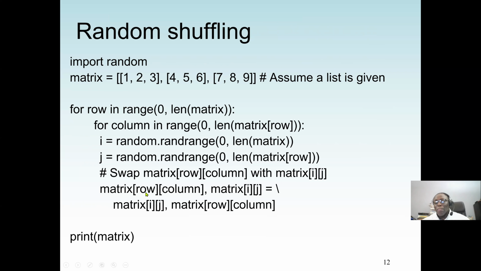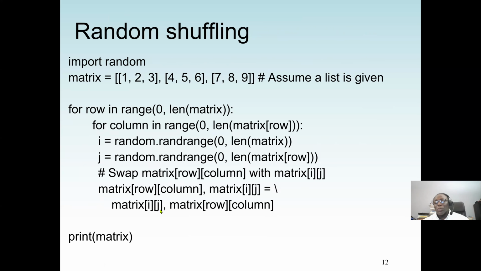Then we swap. So we swap the matrix row column with matrix i, j. So here we are just shuffling it. So we change the values. Then later we print everything.